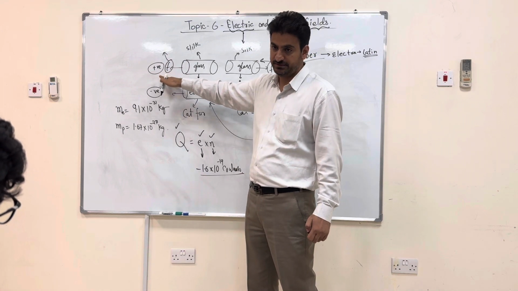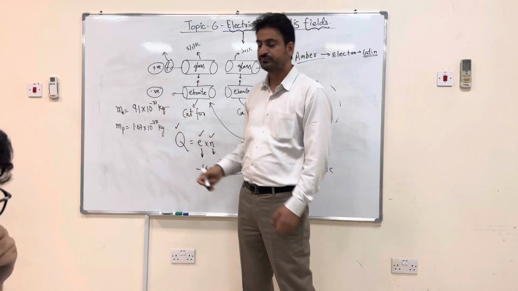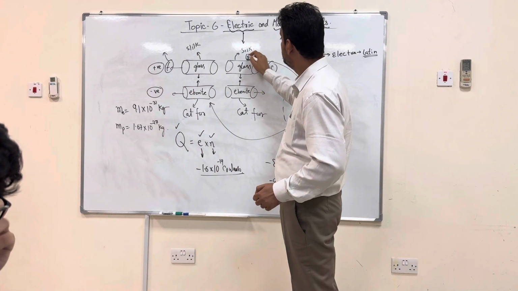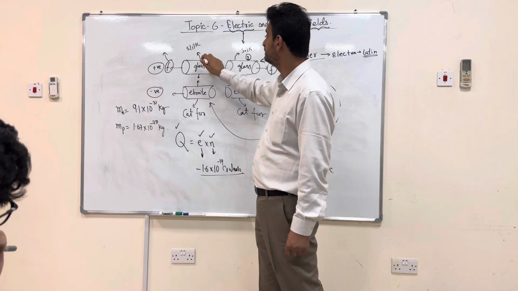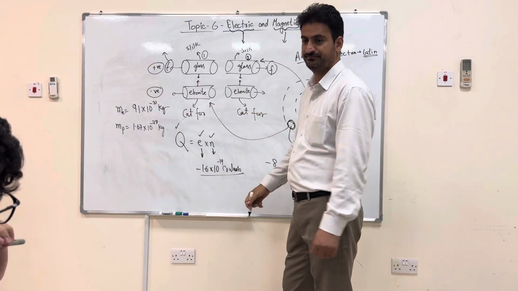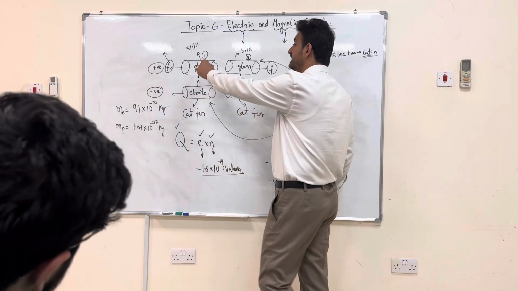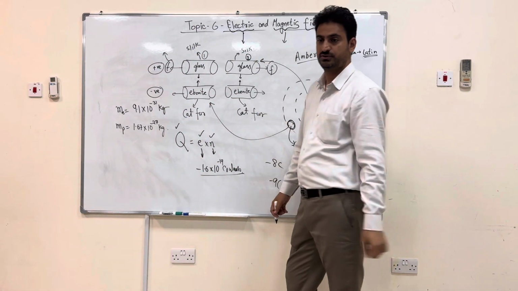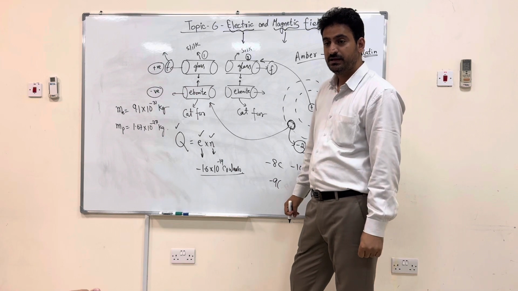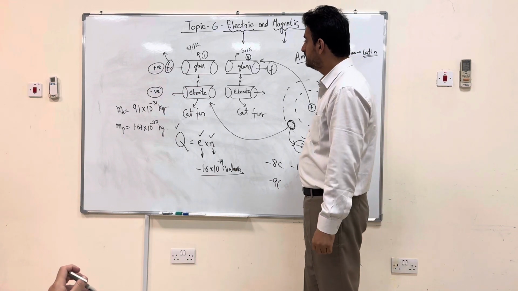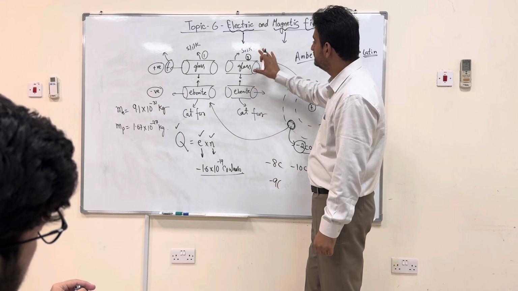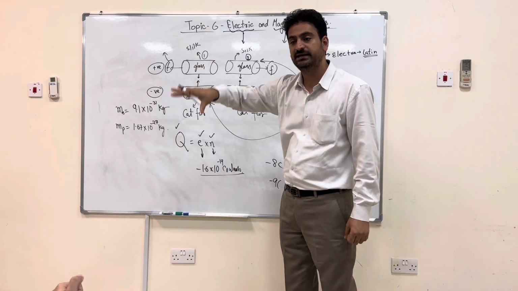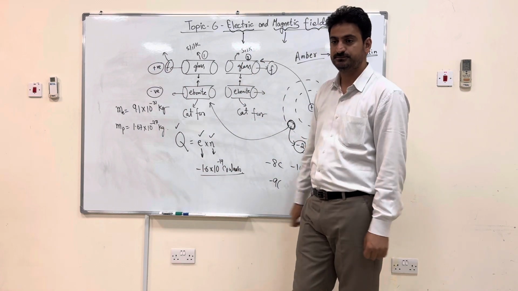And what kind of influence is it? It's electric influence. Can we say that glass rod 2 is under the electric influence of glass rod 1? Yeah. And vice versa. We can say glass rod 1 is under the electric influence of glass rod 2. And we can also say that glass rod 1 is in the electric field of glass rod 2.